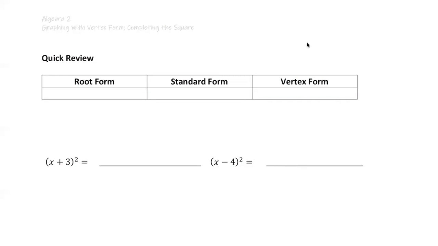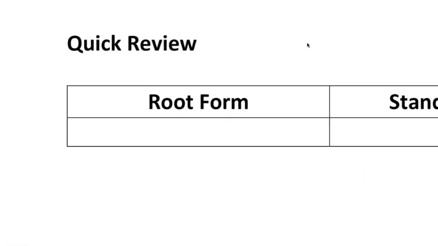As we said yesterday, we talked about the three different forms of quadratic equation. It's very important that you can tell very readily at any moment what each of these forms is. Okay, so first, do you know the root form?